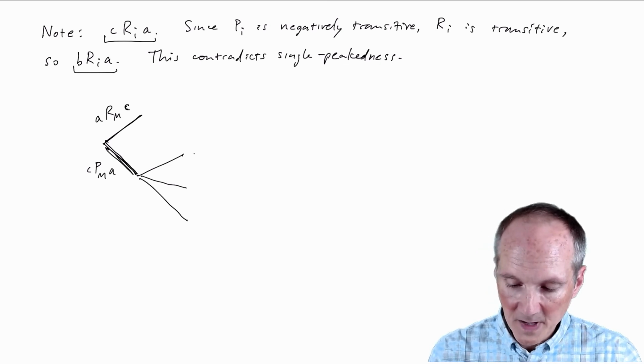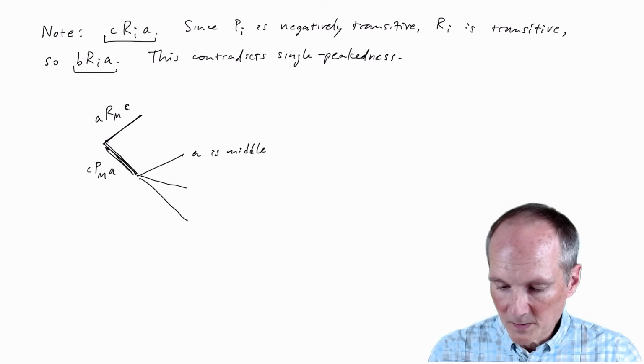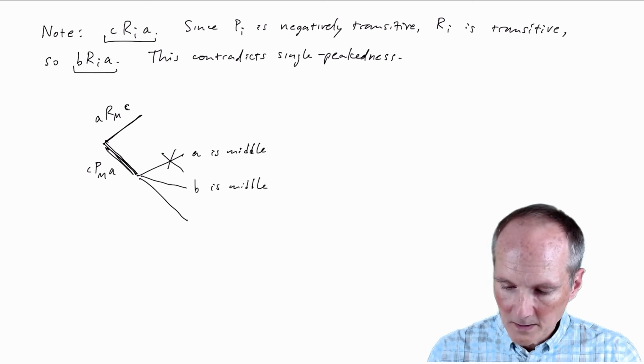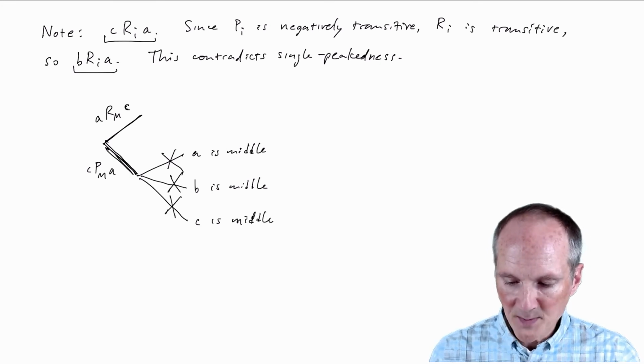One is A is in the middle. And we just showed that that can't hold. The other possibility is that B is in the middle. The other is that C is in the middle. But just by the same argument, those cannot happen.